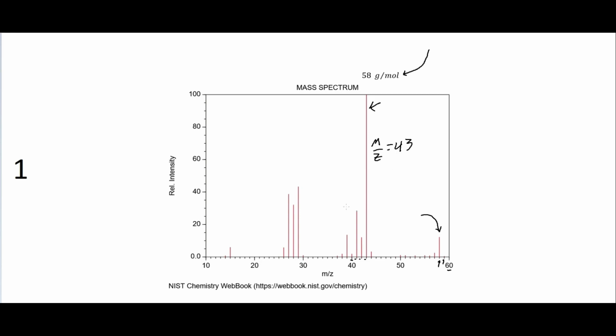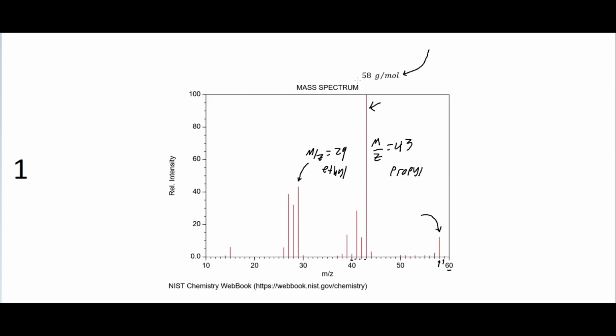Then we can look at some of these other larger peaks. We have one right here, which is an m/z of 29. Remember, the 43 corresponds to a propyl group, which is 3 carbons, and a 29 corresponds with an ethyl group.